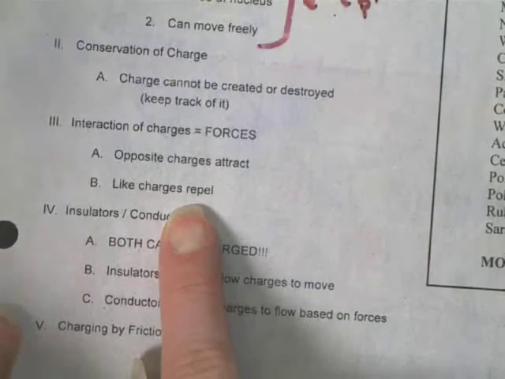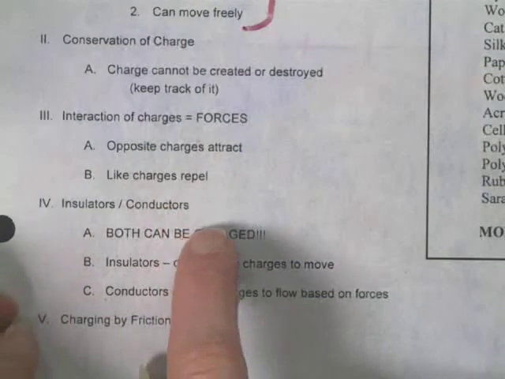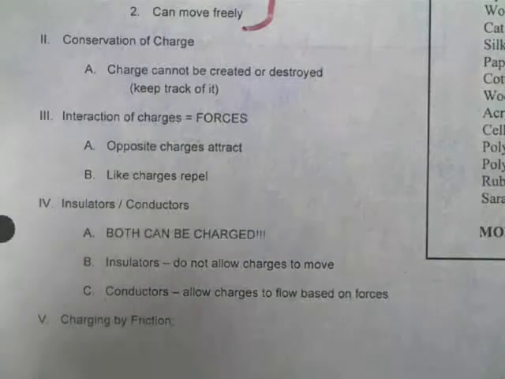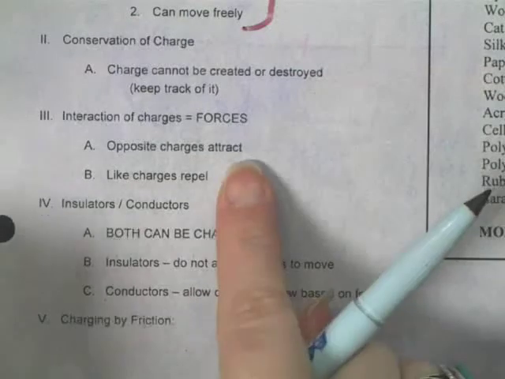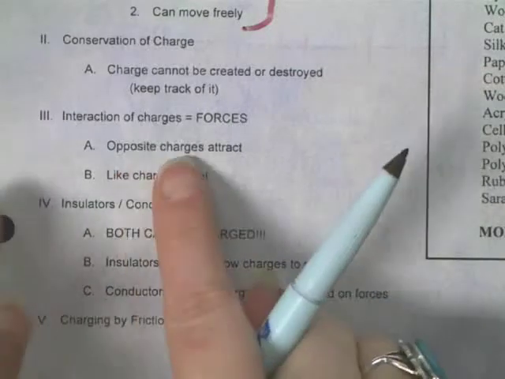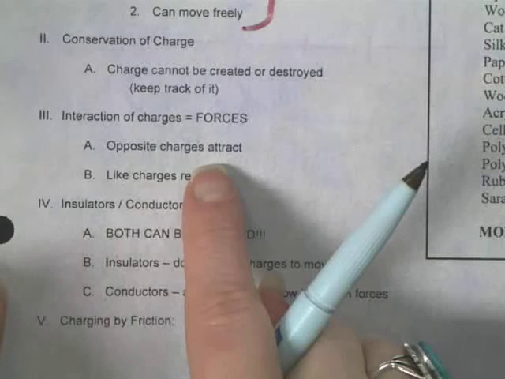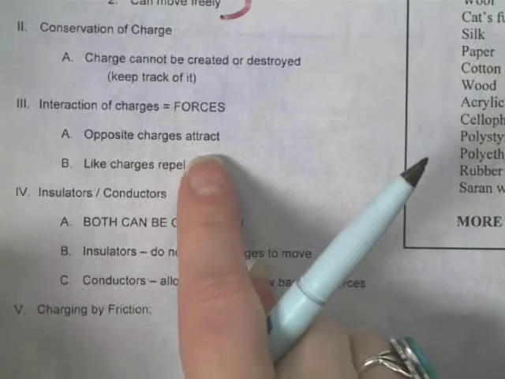Why might it change positions? Why might an electron go from one material to another or go from one side of a material to another side? It's because of forces. We know that opposites attract. What do they mean when we say opposites attract? What specifically are opposite objects that are attracting?